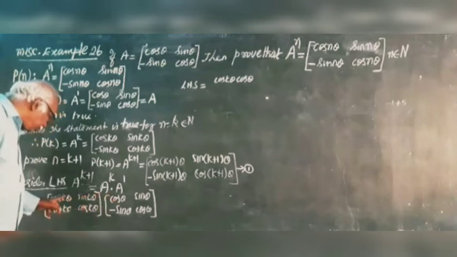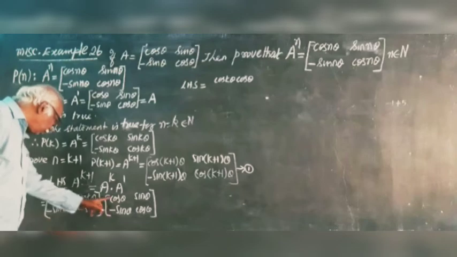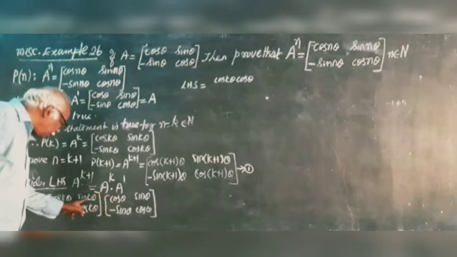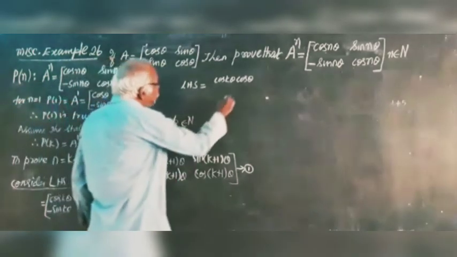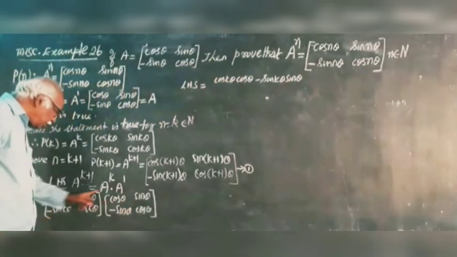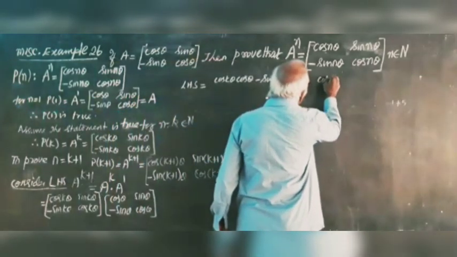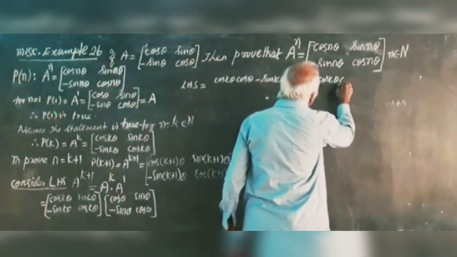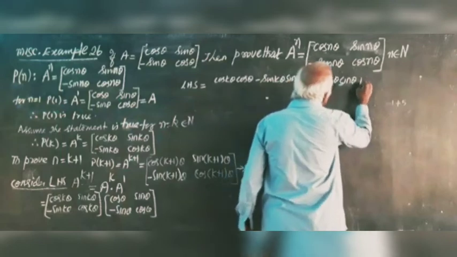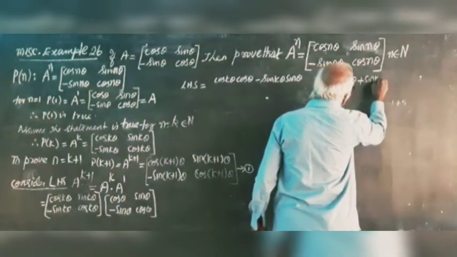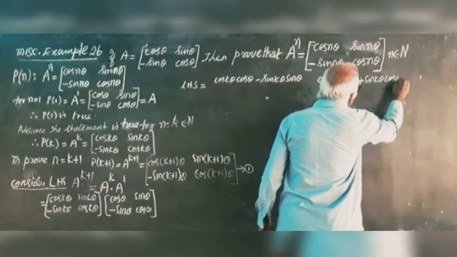Then first row, first column: cos k theta into cos theta minus sin k theta into sin theta. First row, second column: cos k theta into sin theta plus sin k theta into cos theta.